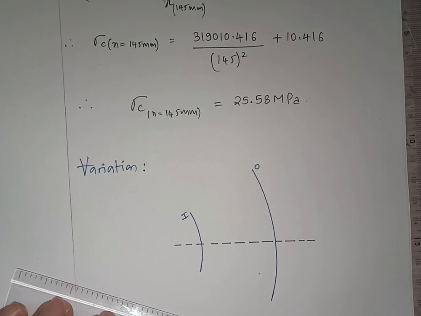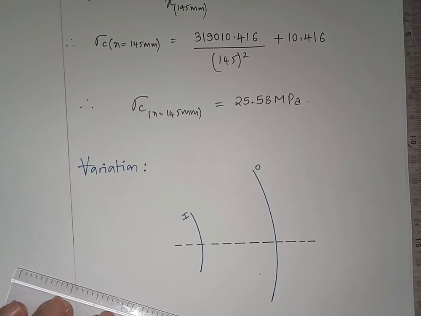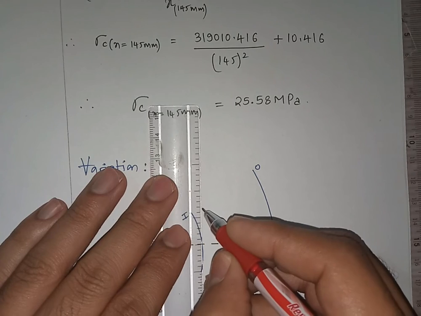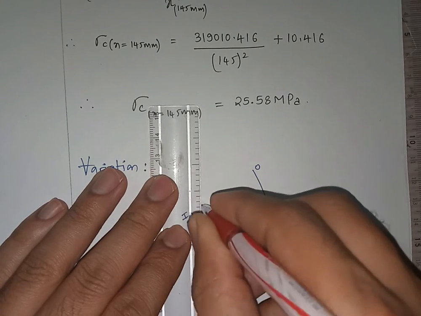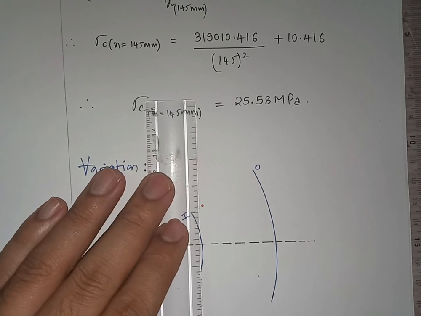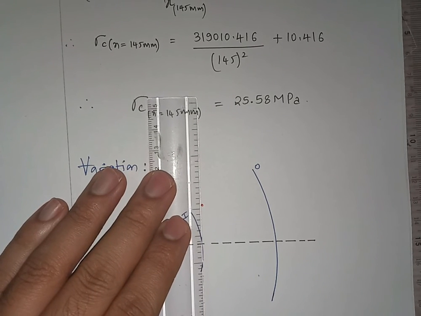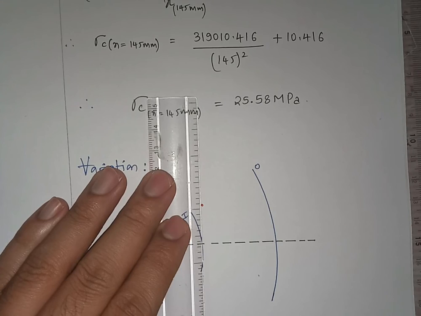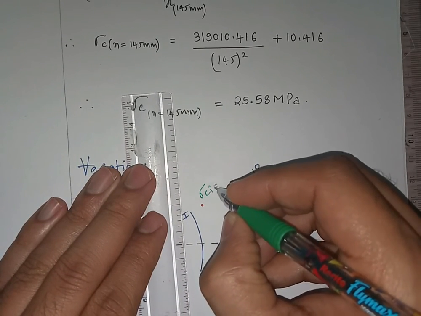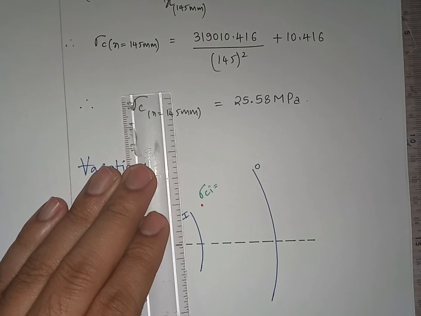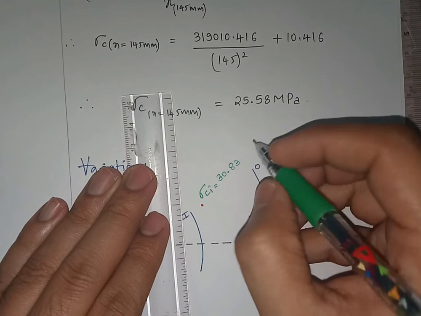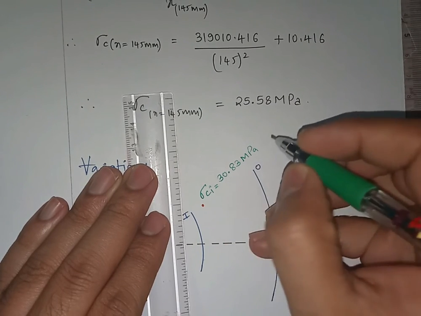So first I'll mark that here. So this point is sigma Ci, 30.83 MPa.